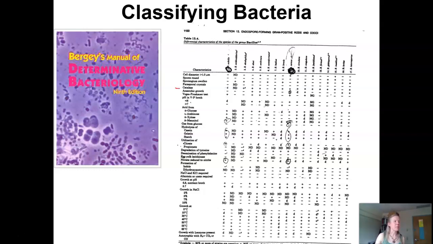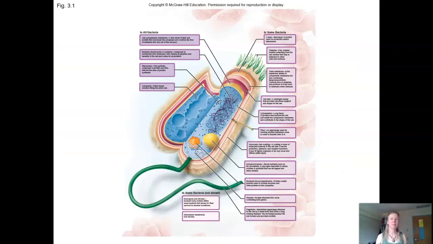Certain enzymes maybe that it has, or what sorts of molecules it can break down, or if it can survive in certain pHs or salt levels, or what temperature it grows at. Okay, and so we will be running a ton of these tests. This is a lot of the stuff that we'll be doing in lab.